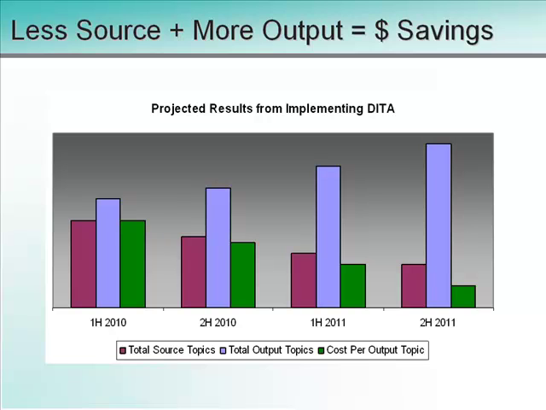So why might output topics increase? As I mentioned in the previous slide, it's typical for the number of output topics to increase due to increased functionality in your products or an increased number of products. But also, the number of output topics can increase because you discover that you have a greater flexibility in delivering customer-facing information.